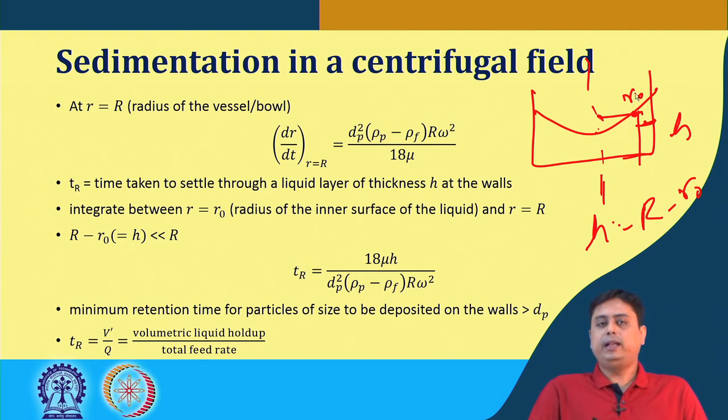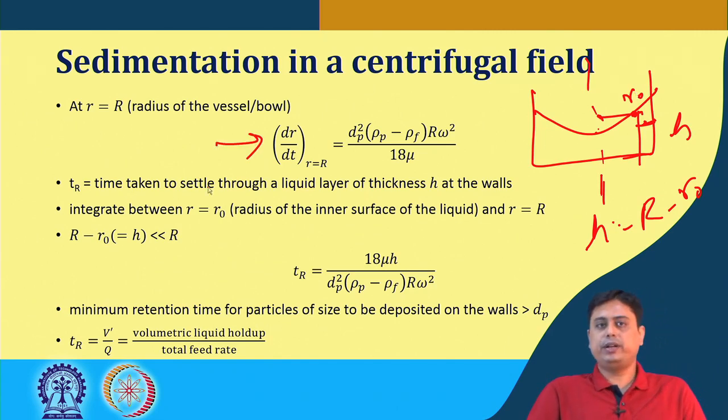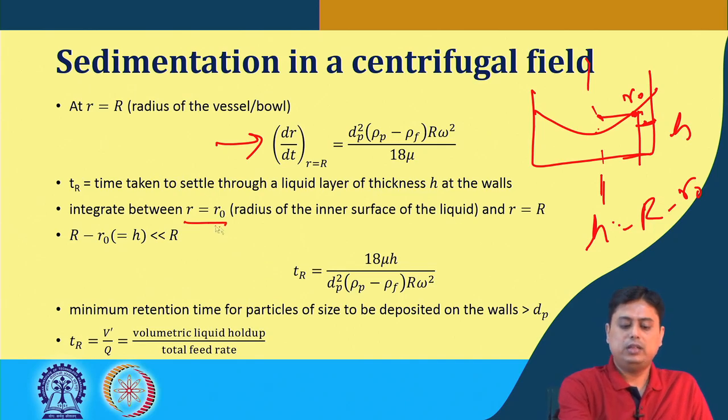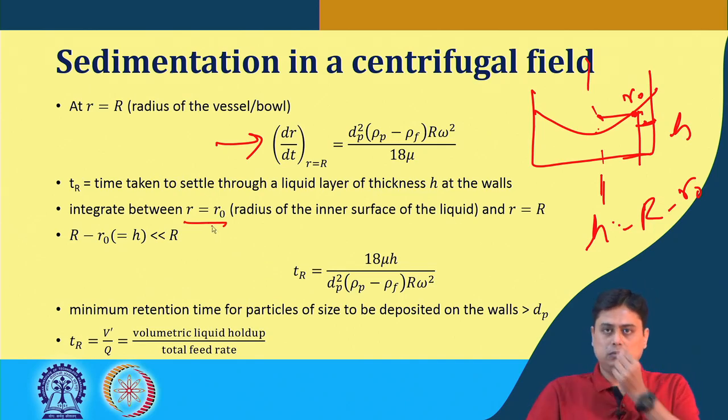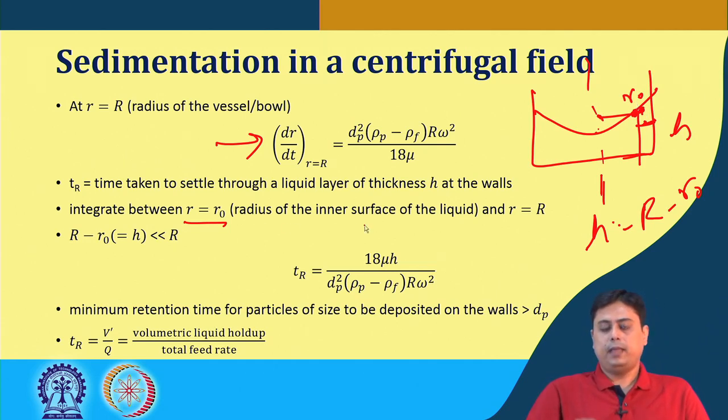So the time it takes to settle through this liquid layer, this expression has to be integrated in the range of r equals r0, where r0 is the radius of the inner surface of the liquid, and capital R is the wall.